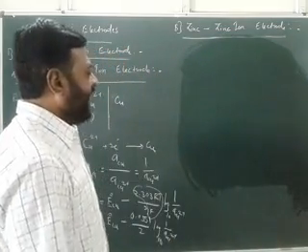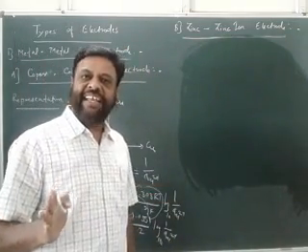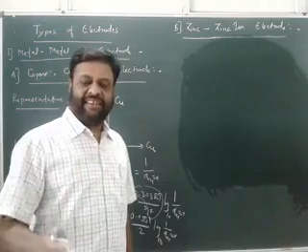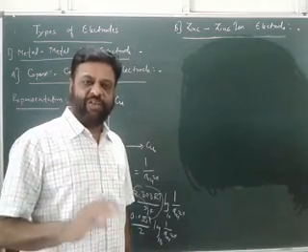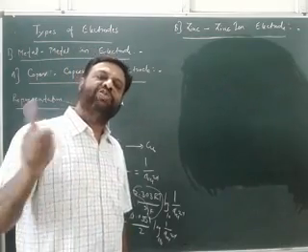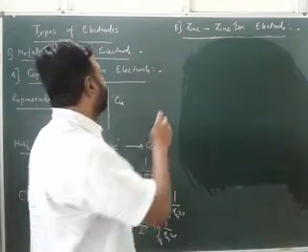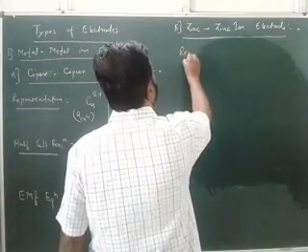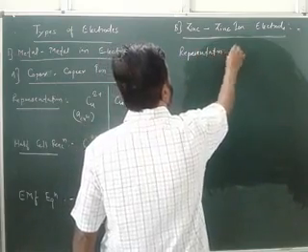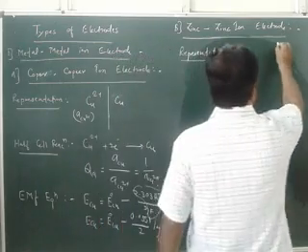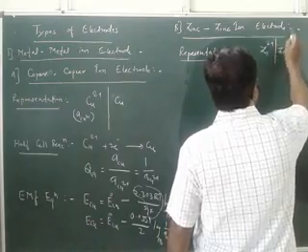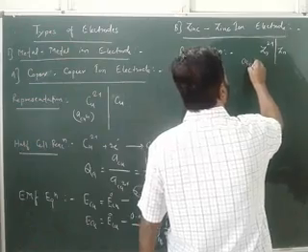Actually, in Daniel's cell, the zinc ion electrode is the negative electrode. But whenever we study, in general, the type of metal ion electrode, the example of metal zinc, we can represent the zinc ion electrode also as a positive electrode. So we can write the representation: first the liquid phase, then the solid phase, activity of Zn2+.